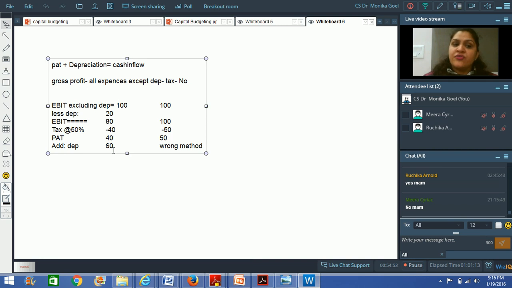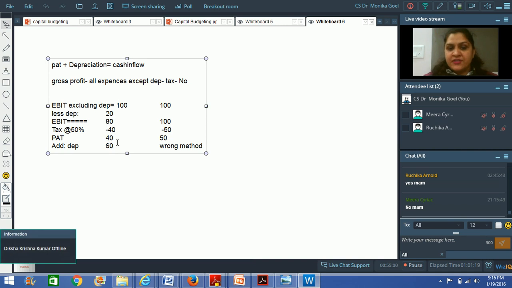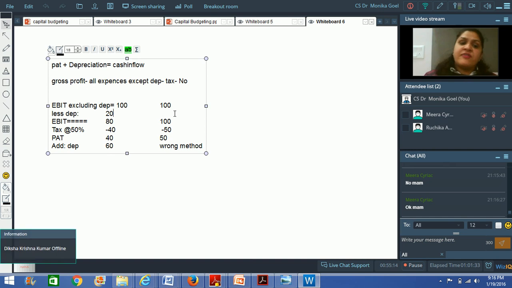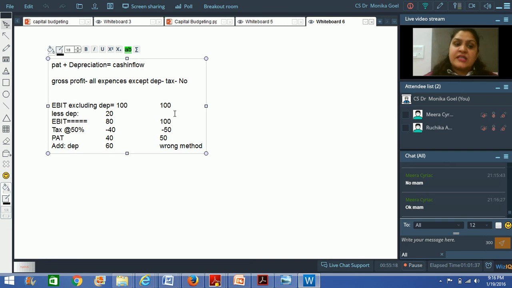So in order to calculate tax liability, you reduce all tax deductible expenses from your income, and then you calculate the tax liability. But depreciation is a non-cash expense. You do not pay this amount to anybody. So in order to find out your cash flows, you add back the depreciation which you had earlier charged to your profit after tax. And then you get the cash flows, cash inflows.